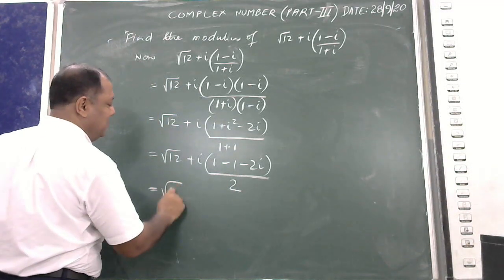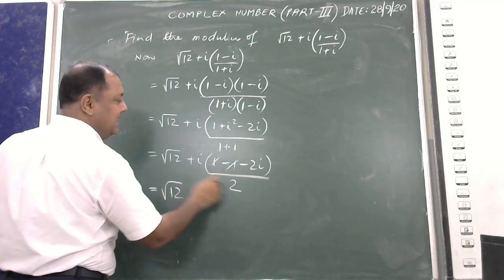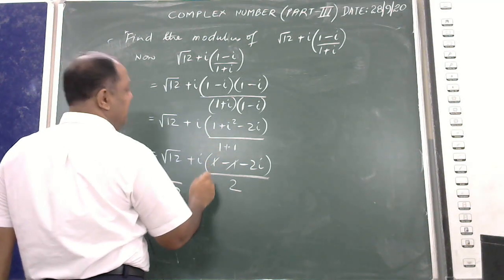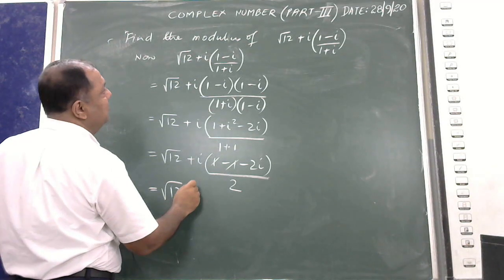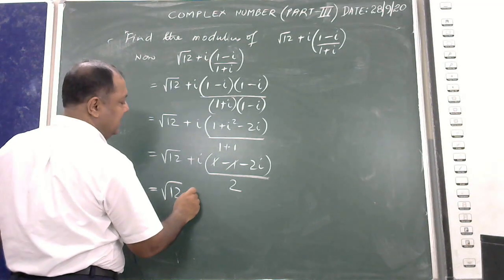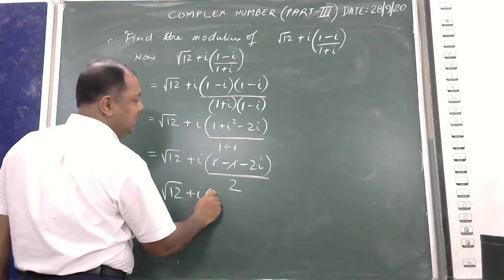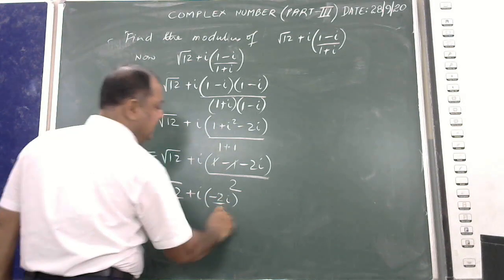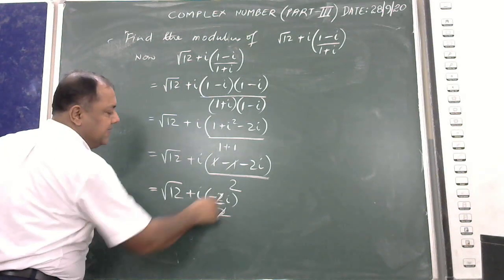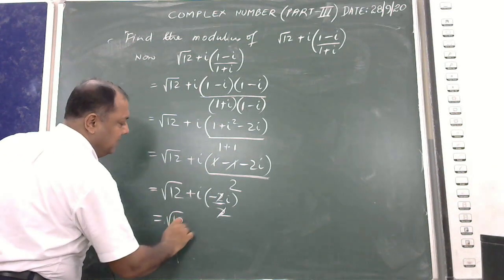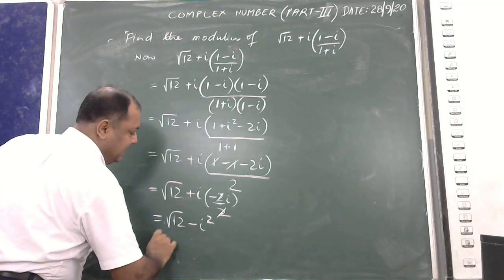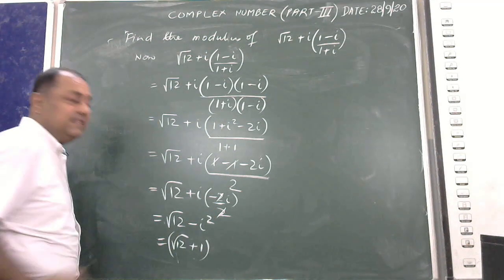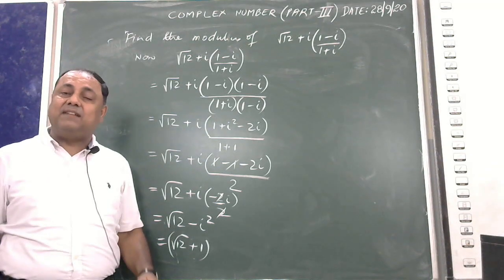That is root 12. These two get cancelled. 2 and 2 get cancelled, and my leftover is i into minus i by 2. 2 and 2 get cancelled. Root 12 minus i squared gives root 12 plus 1 as the given complex number.